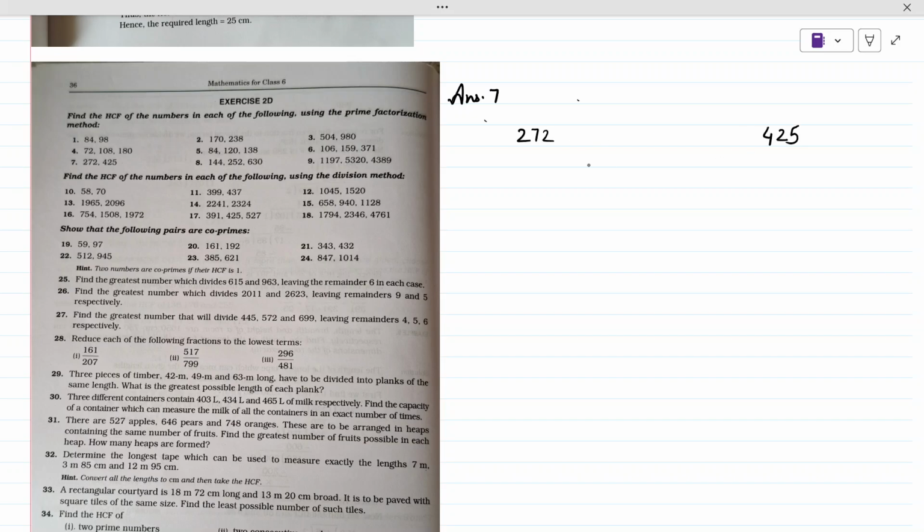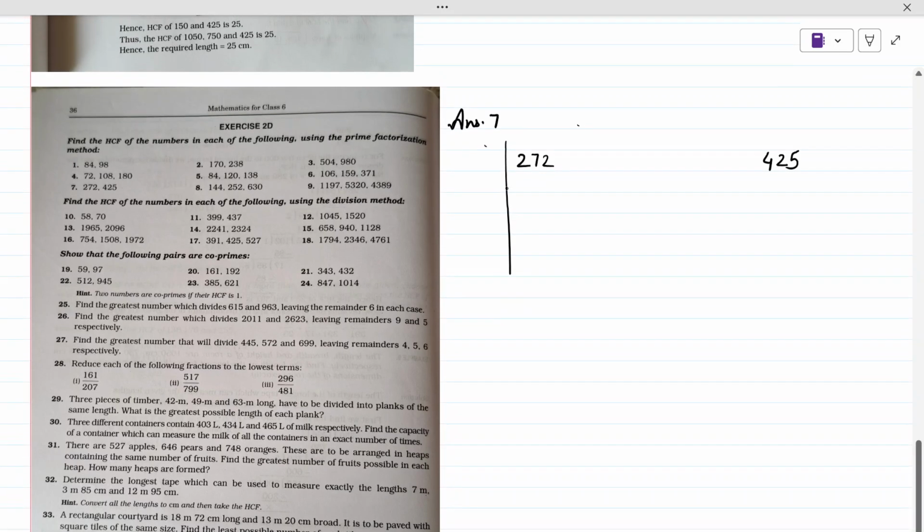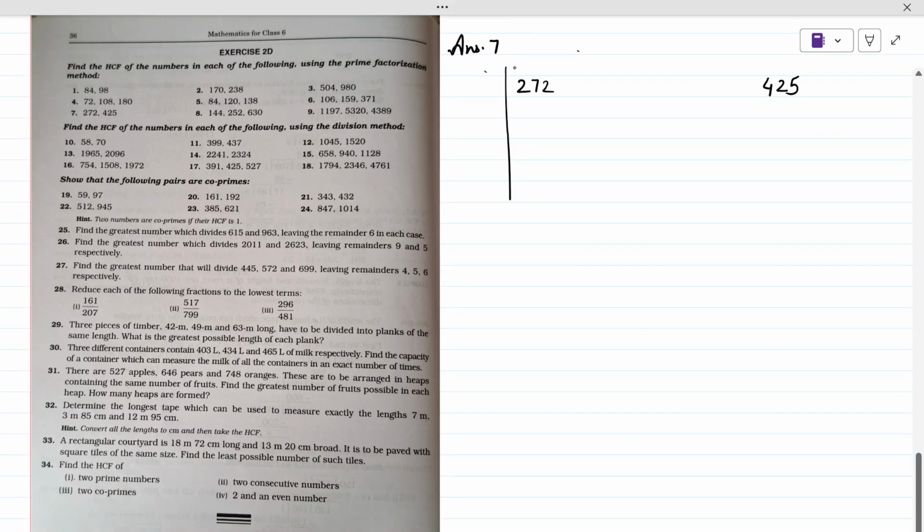First of all, we have to find their factors. Since we have 2 here, this number 272 will be divisible by 2. It will have 2 as one of its factors. So let's start. We have 2, 136, then 2, 68, then 2, 34, 2, 17 and 17 into 1.